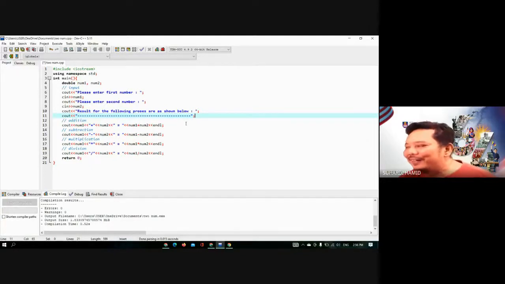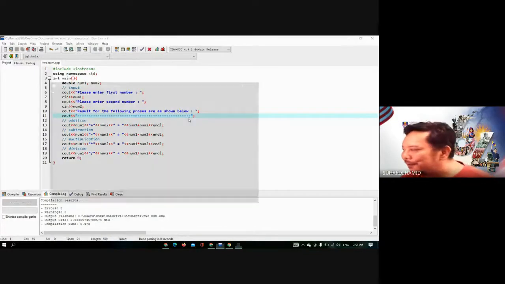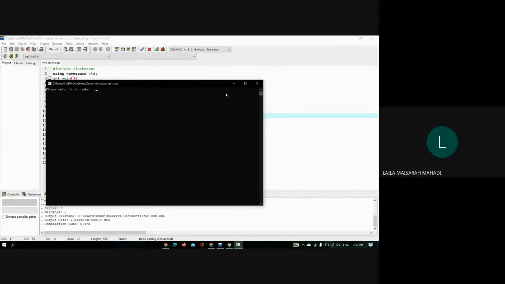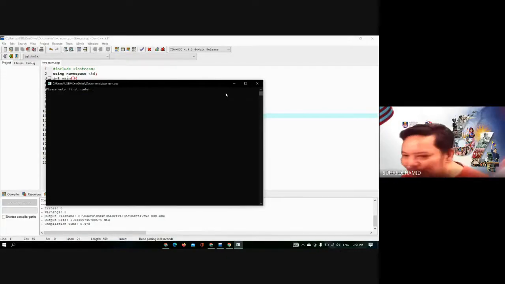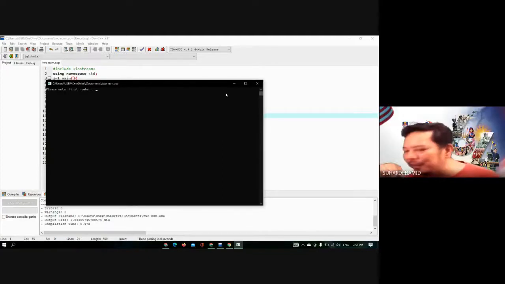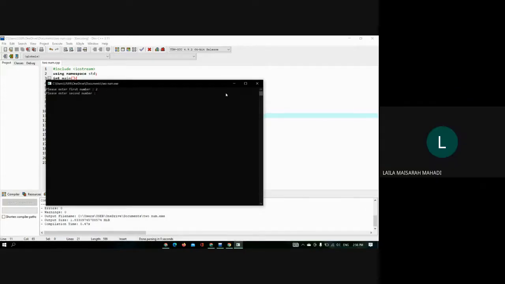Let's try to run. Let's see whether your answers resemble the sample run. Now you have to compile. Okay, fair enough. Please enter first number. Right. In this case, notice that the entry point for your number is relatively close to the colon, isn't it? Yes. Now put in the number. All right.